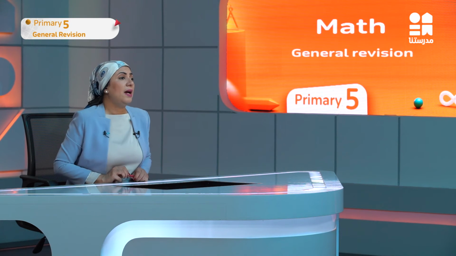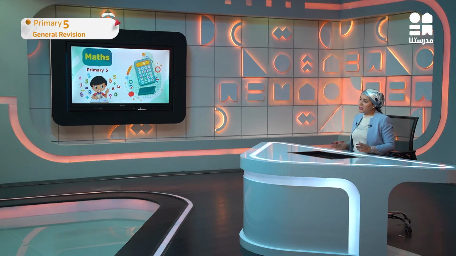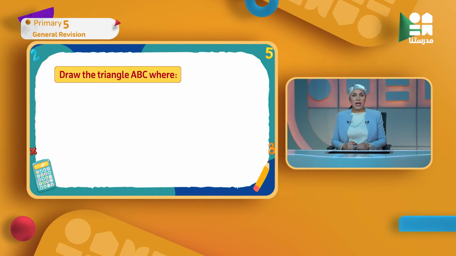We said when we draw a triangle given its 3 sides, the first side, the base, I measure it by the ruler and I choose the biggest base to start with. So here CA equals 8 centimeters. This is going to be my base. Here A and C are 8 centimeters apart.